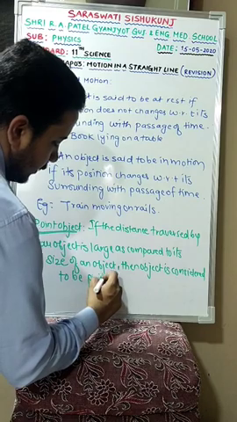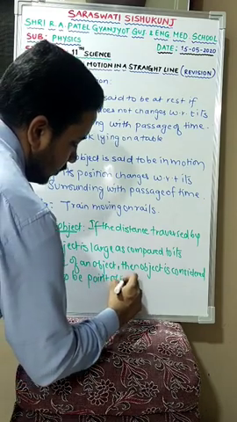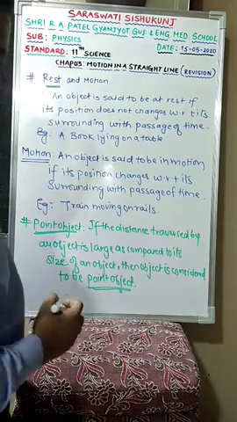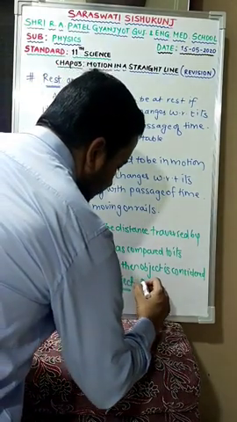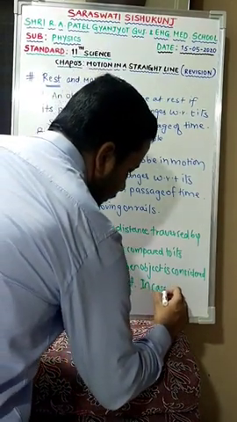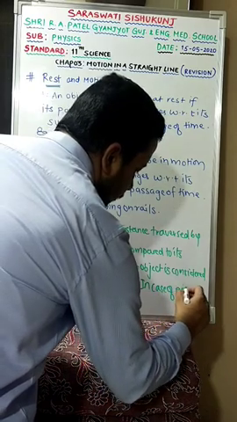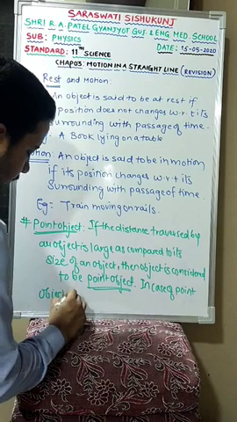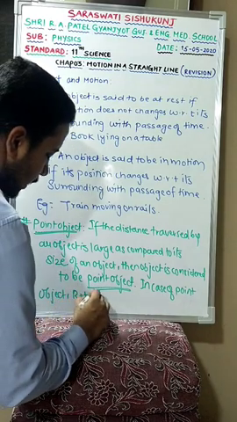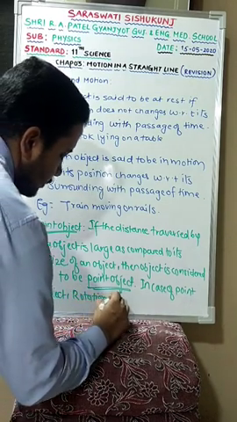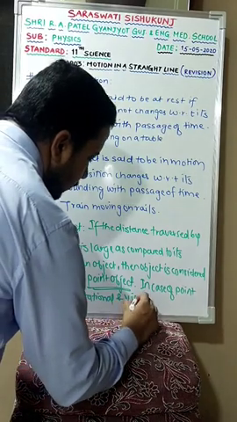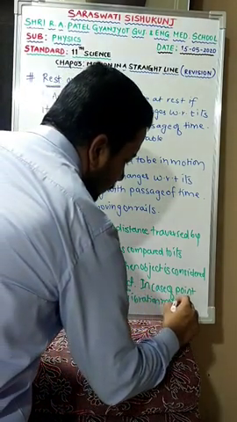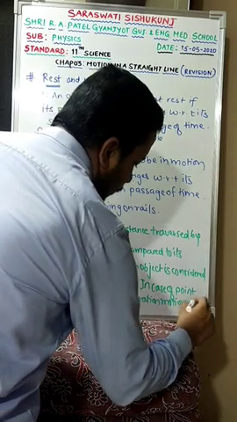Here, if the distance traversed by the object is more as compared to its size, then you have to consider that it is a point object. In case of a point object, rotational and vibrational motions of the object are ignored.